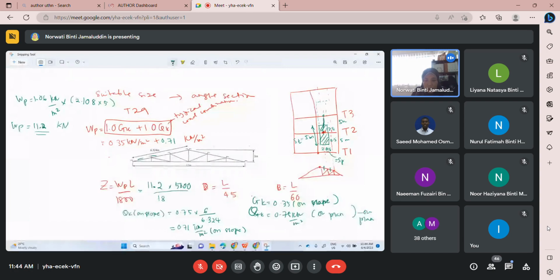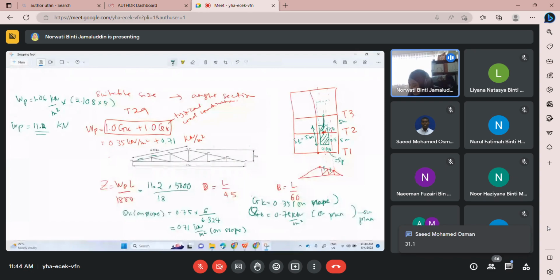What is the answer? Okay, berapa? 11.2 times 5,000 divided by 1,800. Then the answer Z will be in centimeter cube. This table will be directly in centimeter cube.